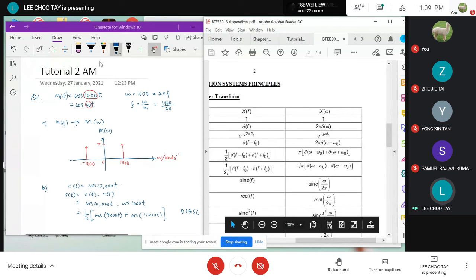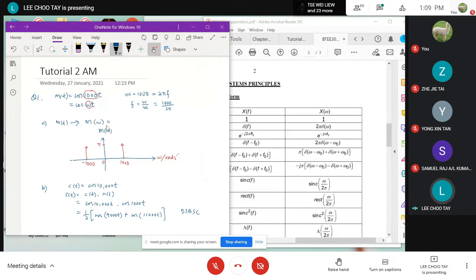Okay, let me go back. What is M(omega)? Let me write M(omega) down. M(omega) is pi of delta function (omega minus 1,000) plus delta of (omega plus 1,000).